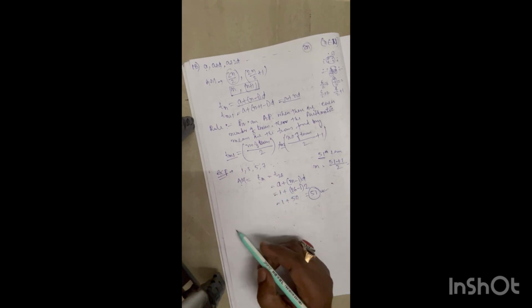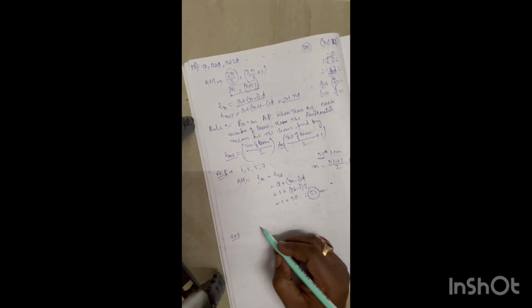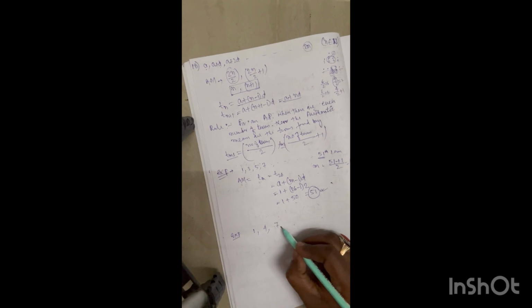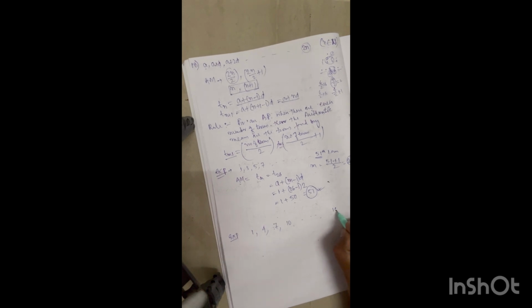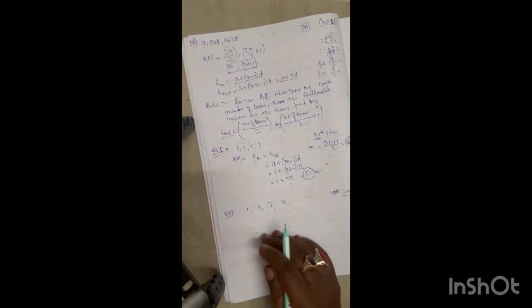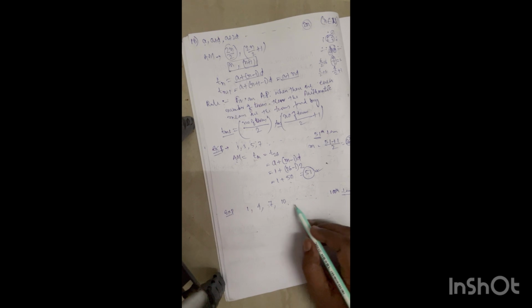So the second one of this kind, when the series, maybe I will take some other series, let's say 1, 4, 7, then 10, like that, and this time the series continues up to 100 terms. So you can see that this is a series which carries an even number of terms.